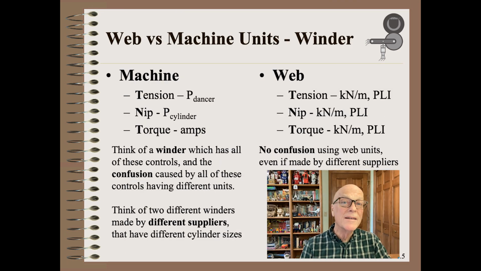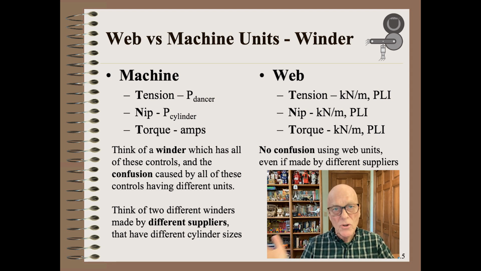Now let's move on to the most common and the most confusing web machine, a winder. Winders can have up to 3 TNT controls for wound roll tightness depending on what class they are. These TNTs are web tension, nip pressure, and motor torque.